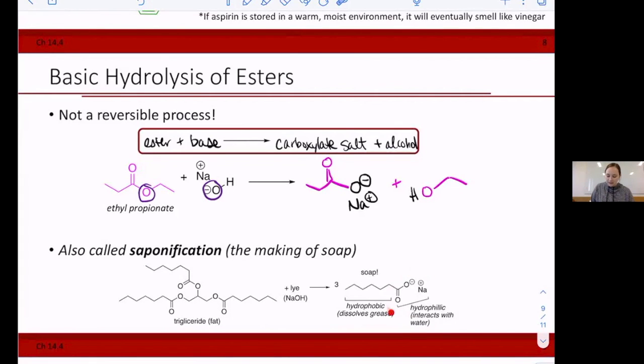Whereas the carboxylate salt part is a hydrophilic portion, and it interacts with water. So that's a more polar portion, and we have a hydrophobic, more non-polar portion, all in one spot. It makes things called micelles, which are like little bubbles to trap the organic-y, greasy things away from the water. So that's the short version of how soap works.